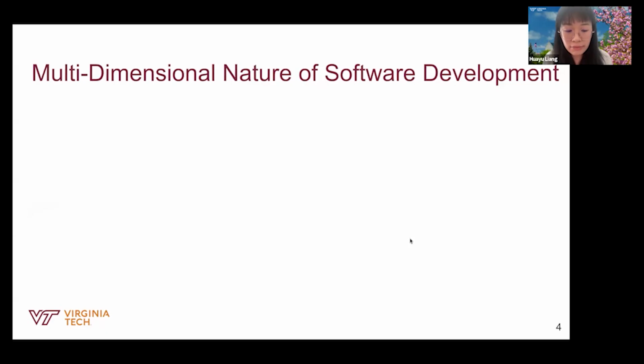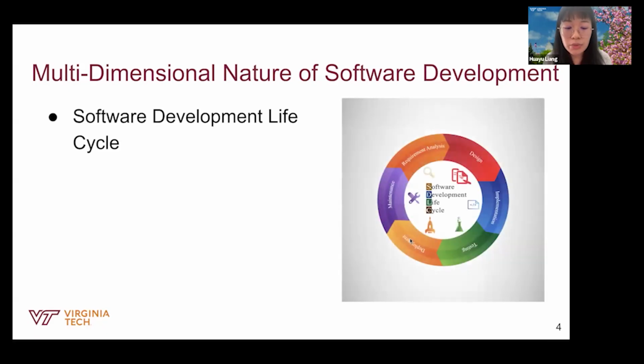So how can software development be related to these multimodal generative AI tools? The answer is the multidimensional nature of the software development process, where the developer might need to switch between different contexts. The software development lifecycle covers multiple phases like requirement analysis, design, implementation, testing, deployment, and maintenance.